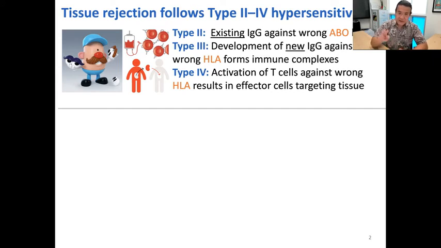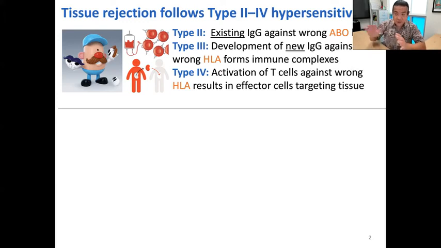In particular, type 2, type 3, and type 4 hypersensitivity models are what we encounter with grafts and transplantations. Remember, type 2 hypersensitivity is when a patient has existing IgGs against something like the wrong ABO blood type. That can lead to very quick, sudden rejection of things like the wrong blood type.